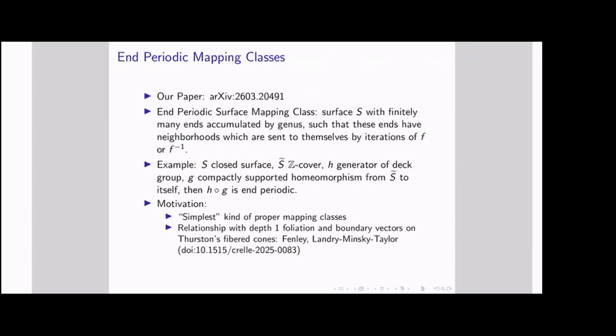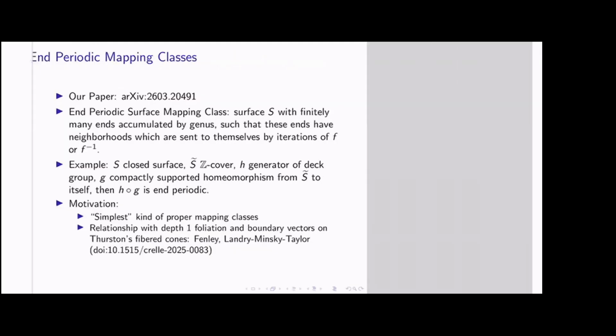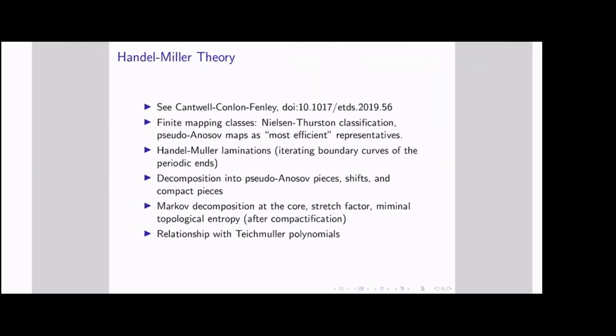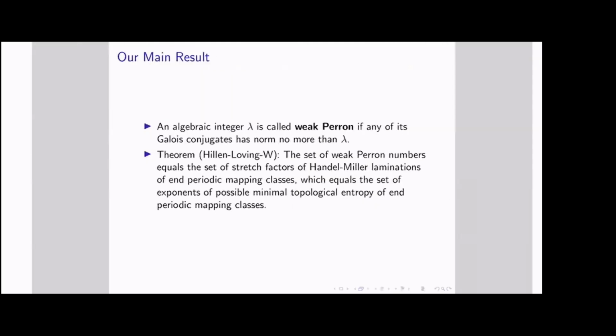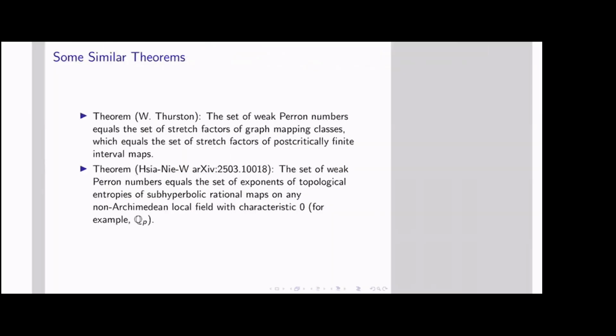So we consider that lift composed with G. That's still another mapping class that can be written down using a finite amount of information. But can we build an analogous version of the Handel-Miller theory for that mapping class? That's the question I'd be interested in seeing more about.